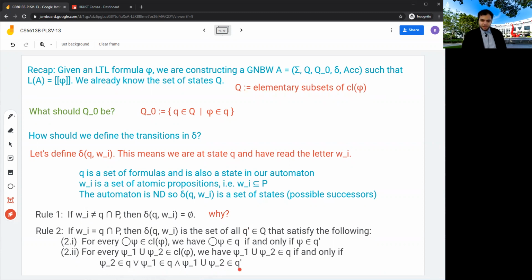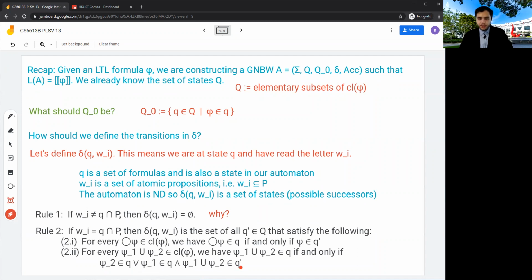So I can write that we have psi1 until psi2 in our current state Q. Again, remember that our states are sets of formulas. So I have this formula in my set Q if and only if either I have the second part in my current set, or I have the first part in my current set and have the same formula again in the next set, which is the next state in the automaton, Q prime.